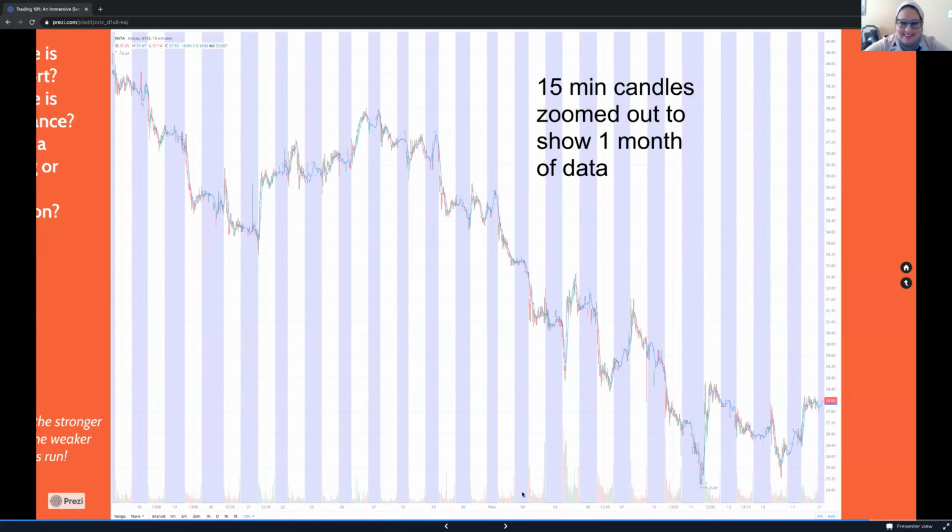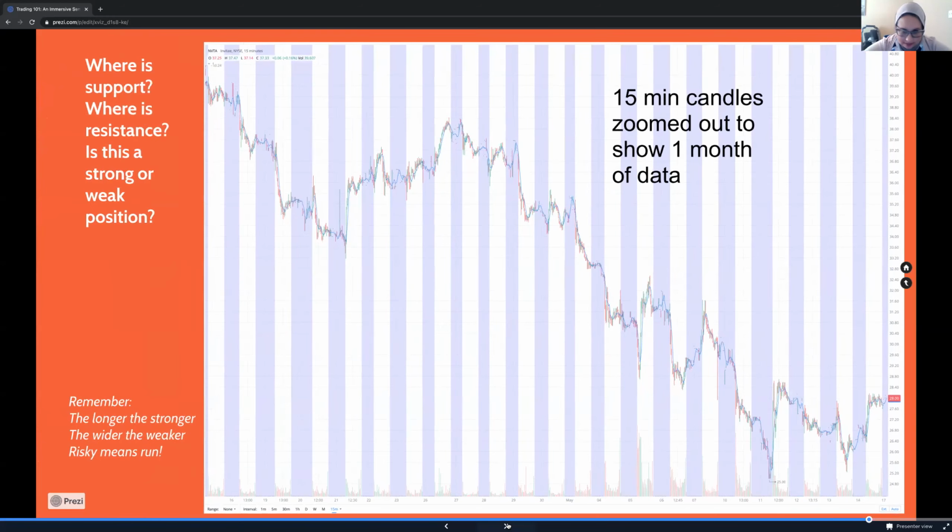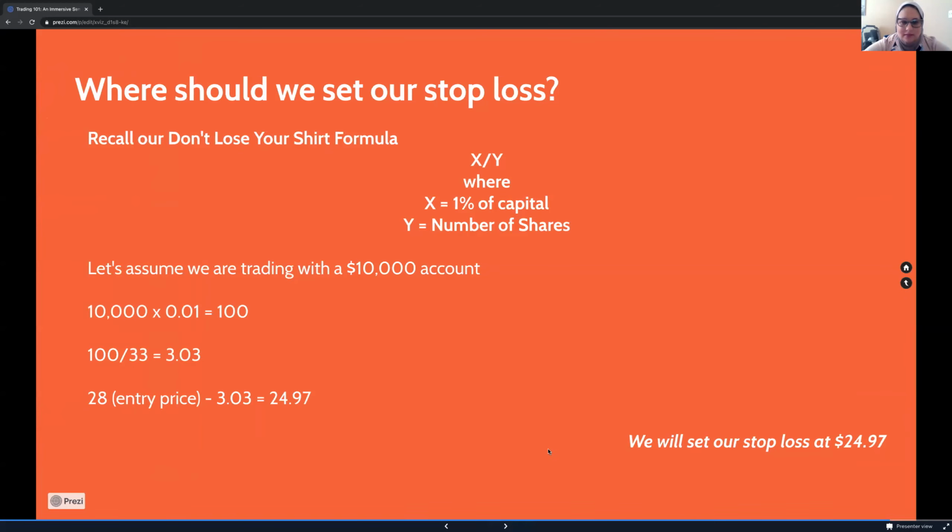Okay. So we found our support and resistance. And now we're going to go next. Where do we set our stop loss? So we're going to pretend that we're okay with losing $100 in this trade. Of course, you can go back and change this number.